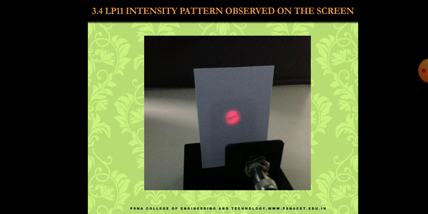And second, after tuning the ferrule or the midsection of the cable, you can observe the variation that occurs on the screen. So it is named LP11. LP11 is nothing but light pattern 11. It gives a significant difference from the previous pattern, that is LP01.